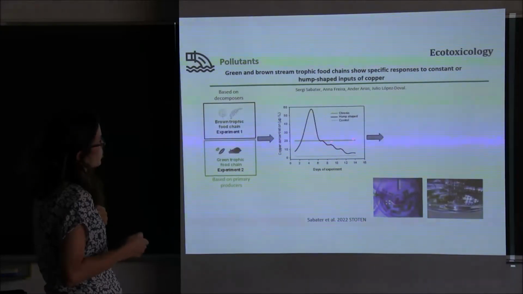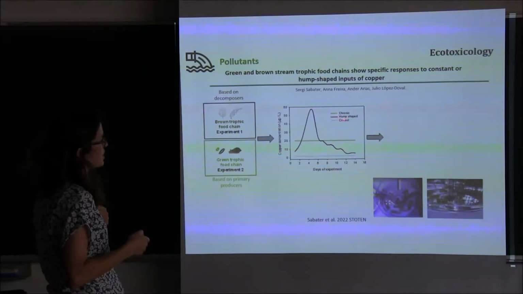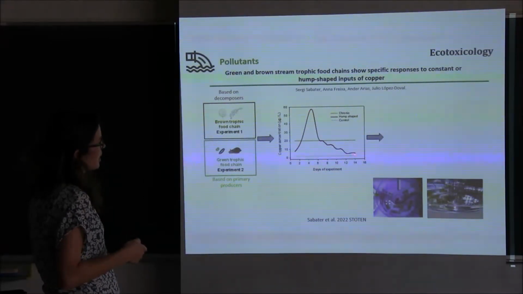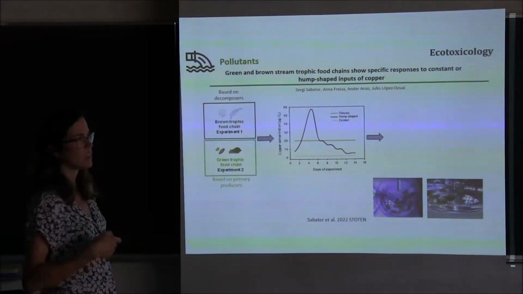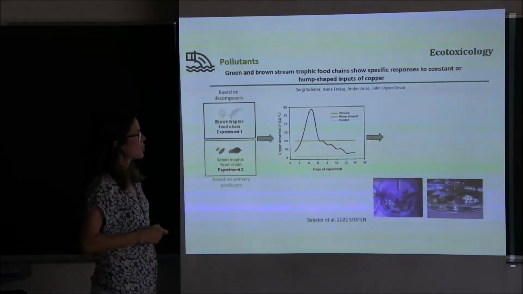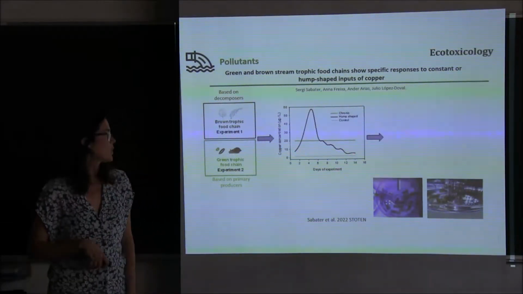Then we exposed them to a chronic effect with the same concentration during the whole experiment. And then what we named a hump-shaped arrival, meaning a peak increase of copper and then a decrease over time. Interestingly, at the end of the experiment, the accumulated concentration in the mesocosms was the same in the chronic and the hump-shaped treatments.